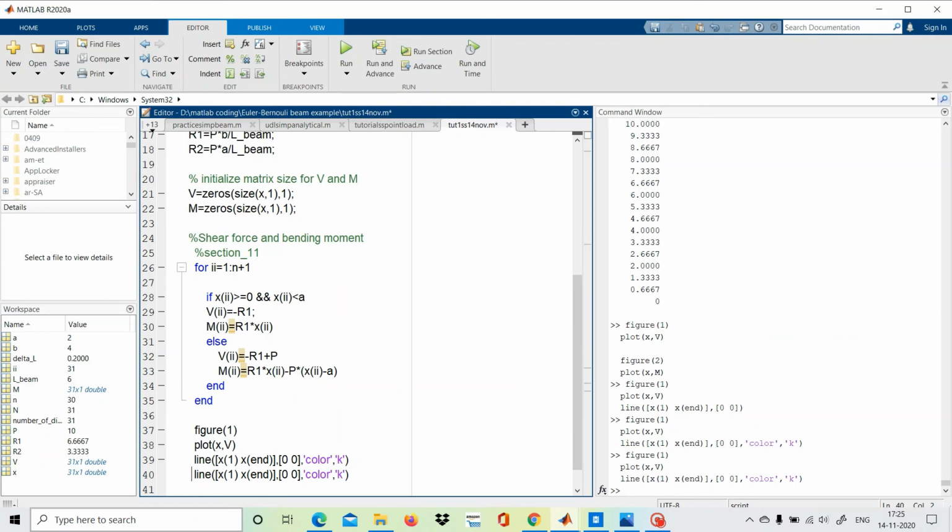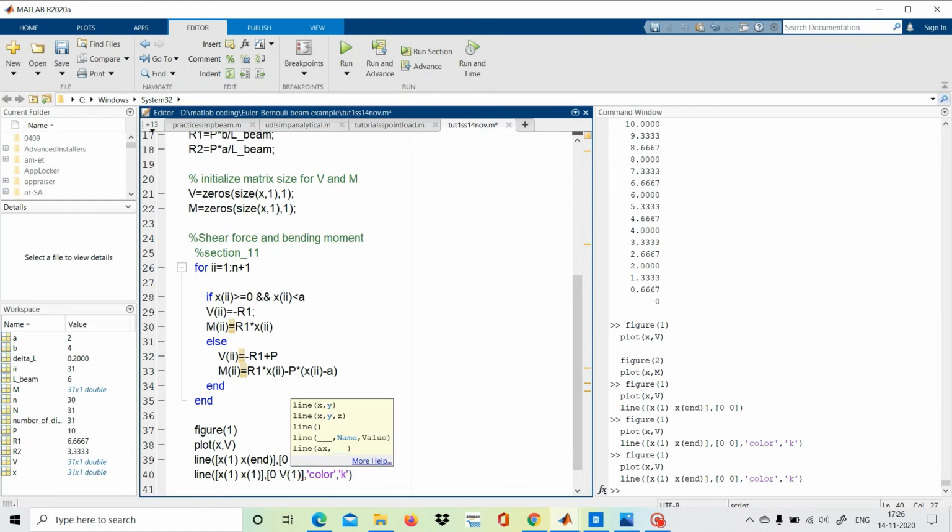What we want to join is the first one, so the first value of x, and here also the first value of x, and the value of y is 0, and at last it is the shear force at the first value, so v1.